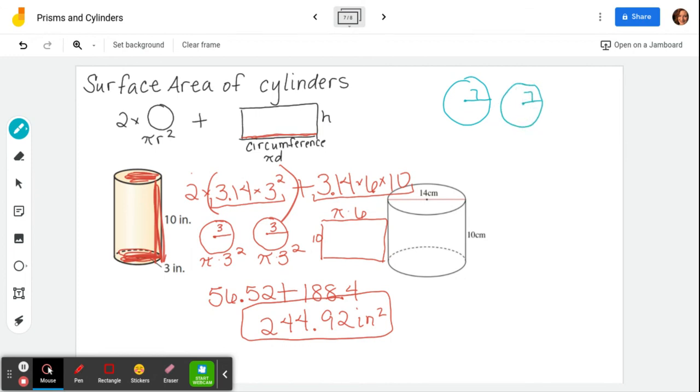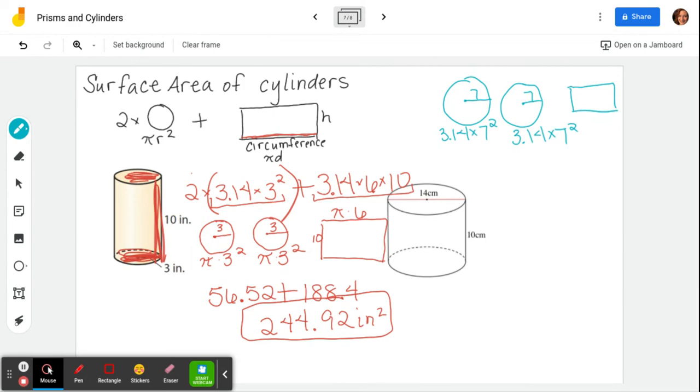And to find the area, I take 3.14 times 7 squared. I'm going to try to write this one a different way and see if you maybe feel a little bit better about that one. This one is also 3.14 times 7 squared. Then I've got the rectangle that wraps around the circle. The length is the distance around the circle.